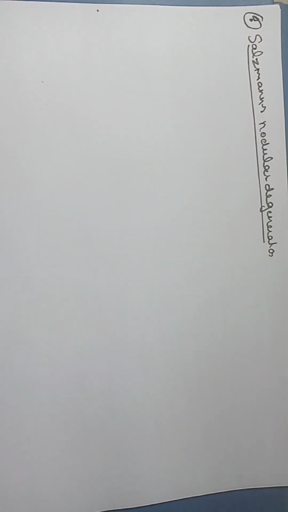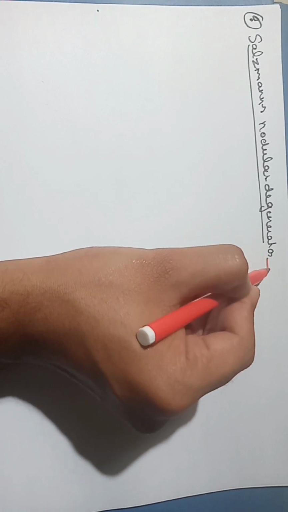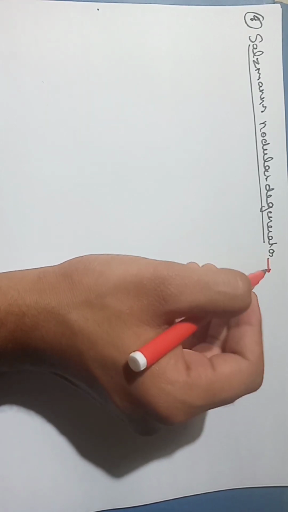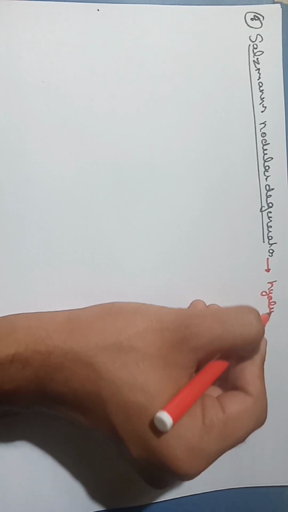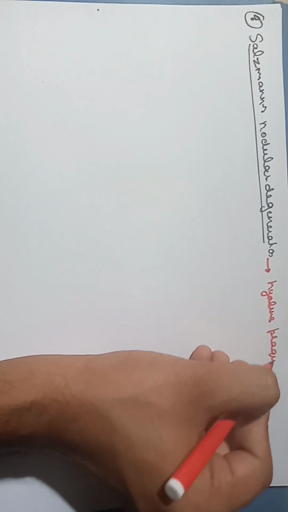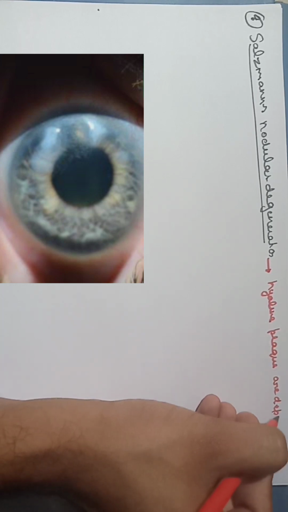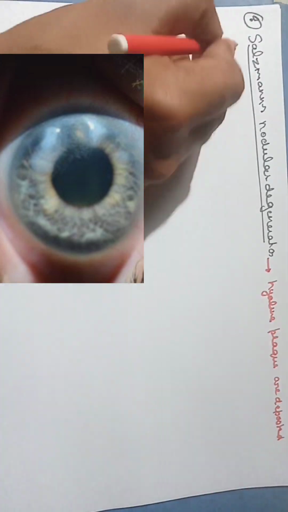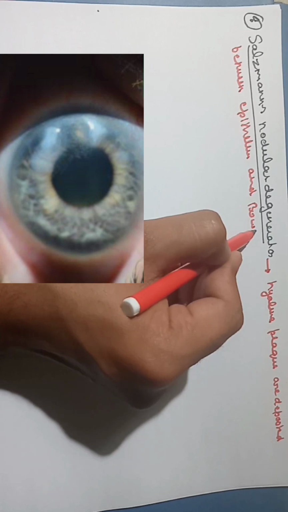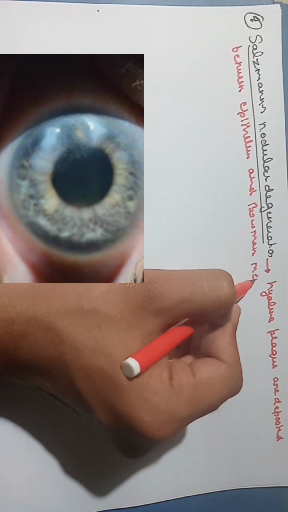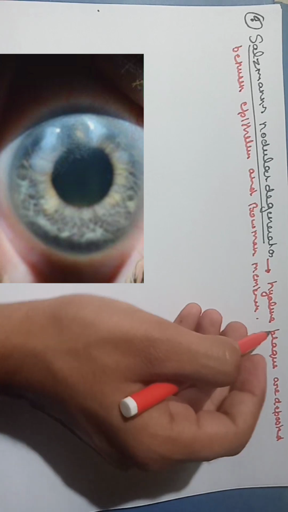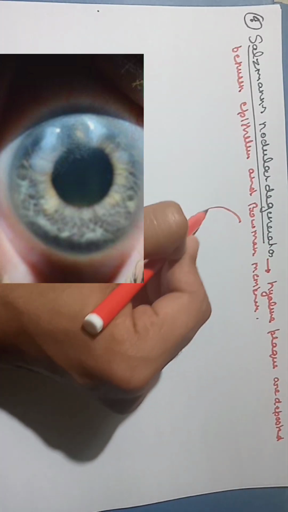In Salzmann nodular degeneration, hyaline plugs are deposited between the epithelium and Bowman's membrane.